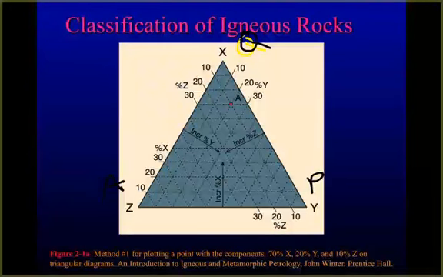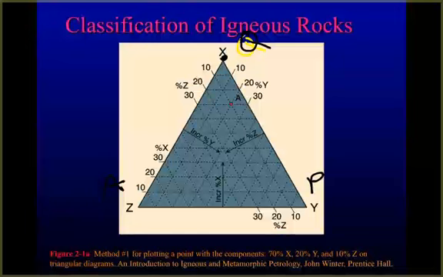And what this diagram shows you is that if your rock would plot up at the top of the diagram here, because you're telling me it has 100% quartz, you would name your rock whatever is appropriate from that IUGS diagram right up there.